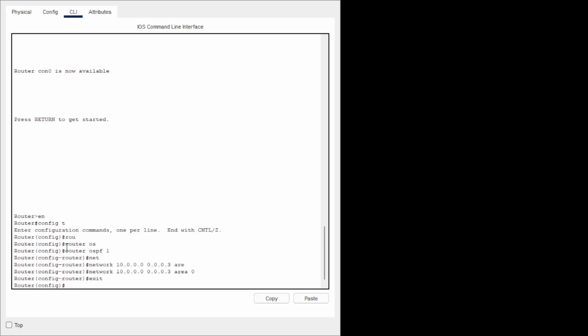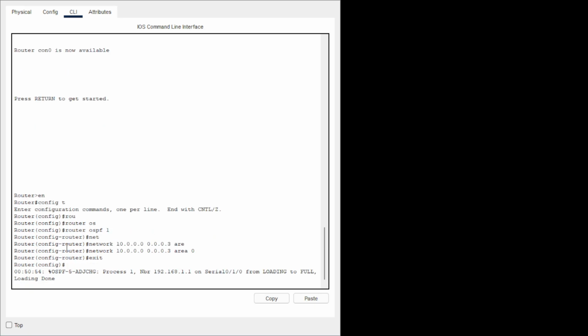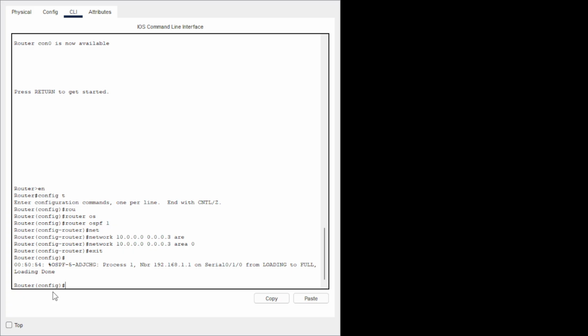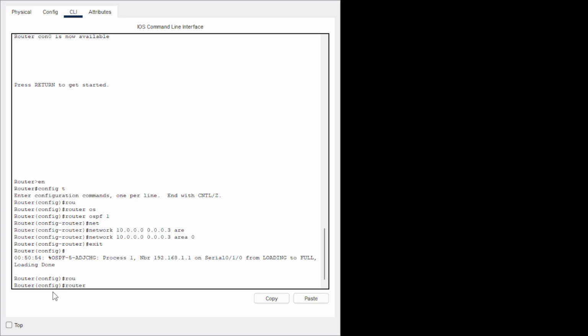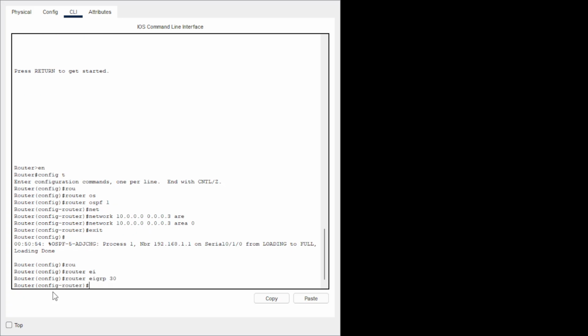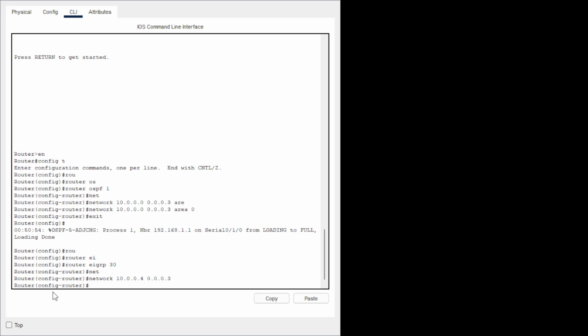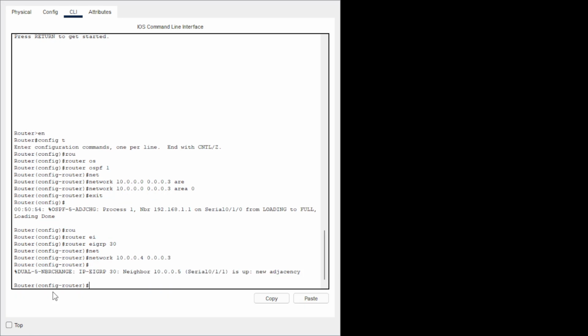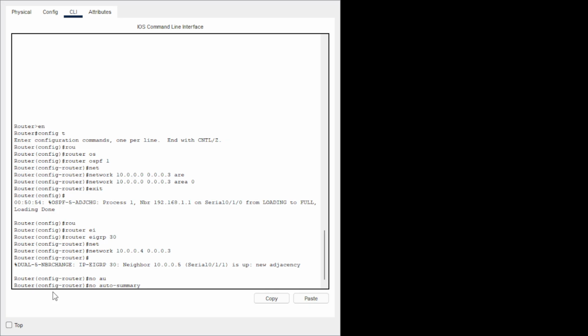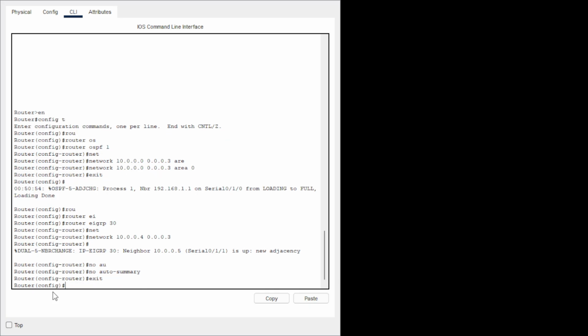Neighborship has been created. Next, router EIGRP with ASN number 30 and network 10.0.0.4 wildcard mask 0.0.0.3. Here also neighborship is created, and no auto-summary. So for router number 2, I am switching off the screen.